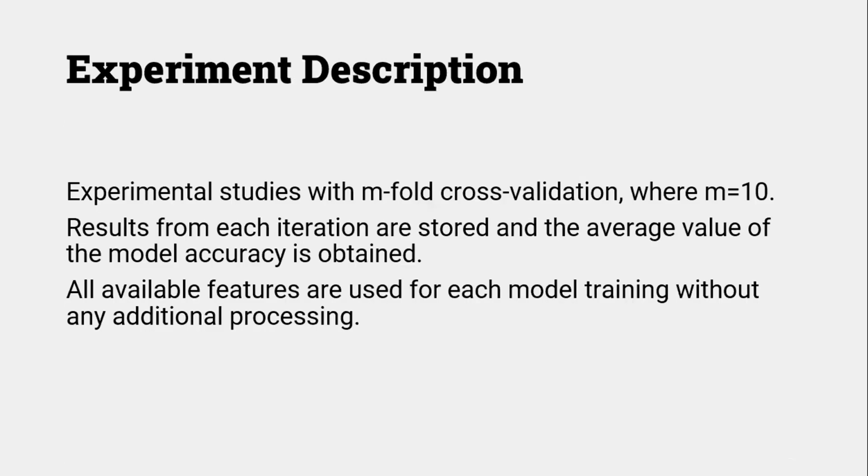All experimental studies were performed with M-fold cross-validation, where M equals 10, as this is an accepted number in current research and by many other authors. The results of each iteration are stored and the average value of the model accuracy is obtained.